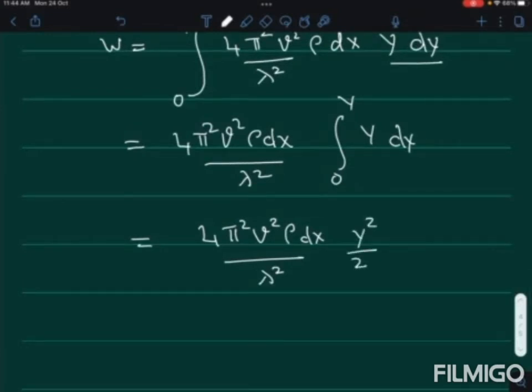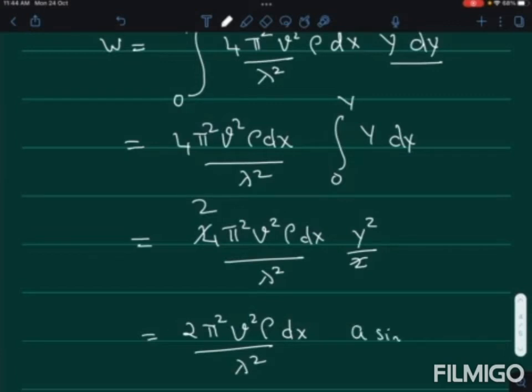So 2 and 2 get cancelled, and 4 gets cancelled, you get just 2 pi square v square rho dx by lambda square. What is your y square now? Y, you know, is a sine 2 pi by lambda (vt minus x). So y square will be a square sine square 2 pi by lambda (vt minus x).